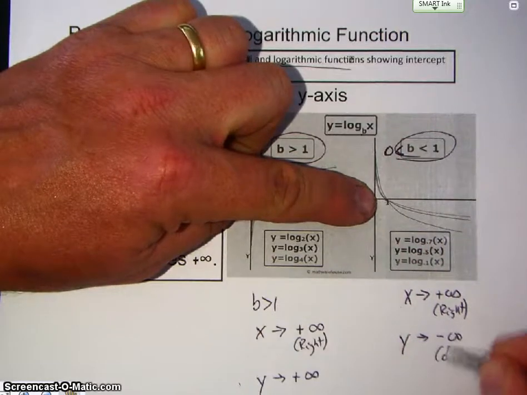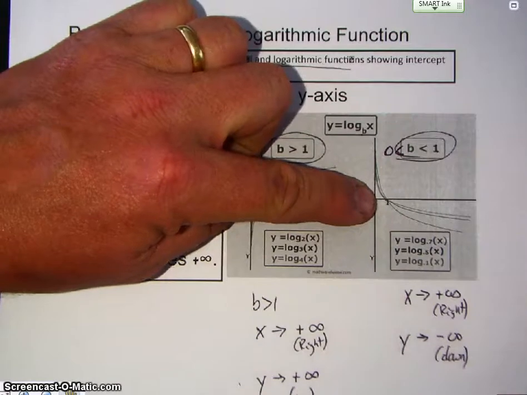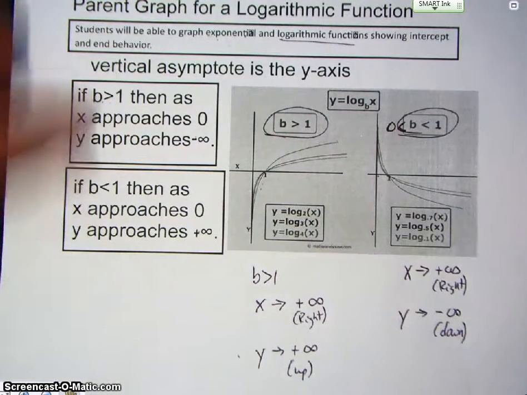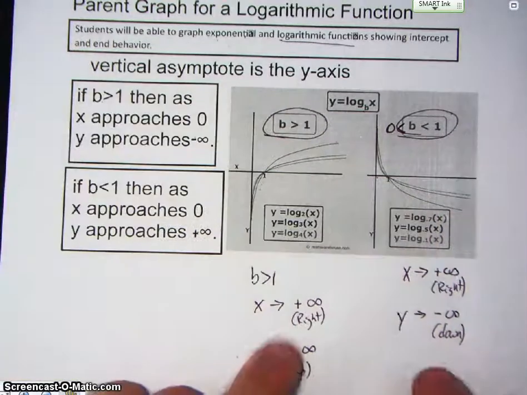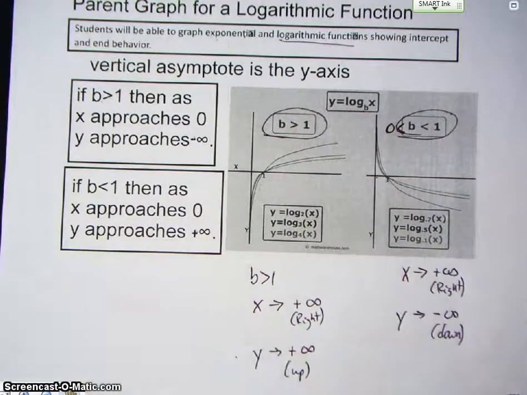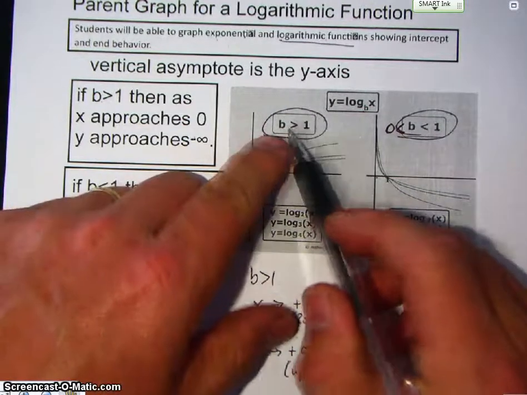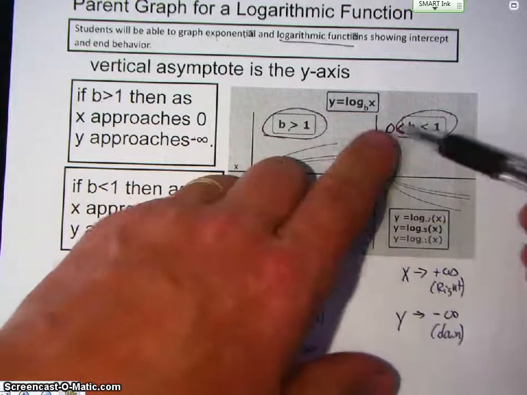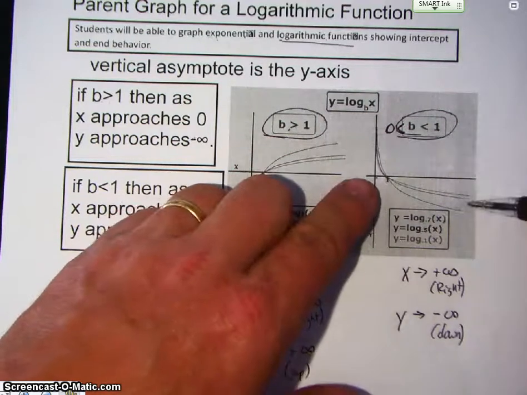In other words, the y value goes down. So there's two ways of looking at these interpretations. But the main thing is this. If b is greater than 1, it's increasing. If b is less than 1, then it's decreasing.